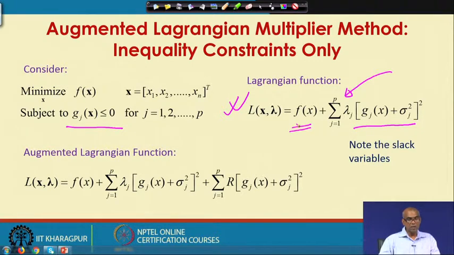Similarly, the augmented Lagrangian function can also be formed simply by adding the penalty term. So, we have now these converted equality constraints, and you can make use of the parabolic penalty term.